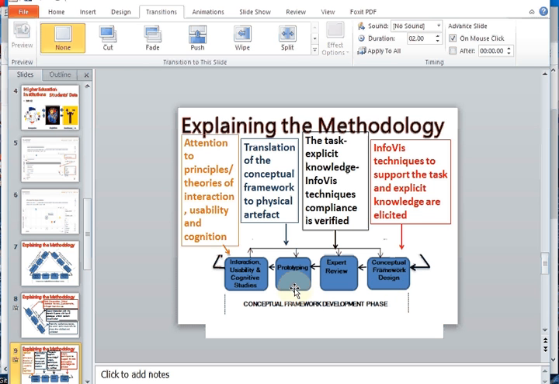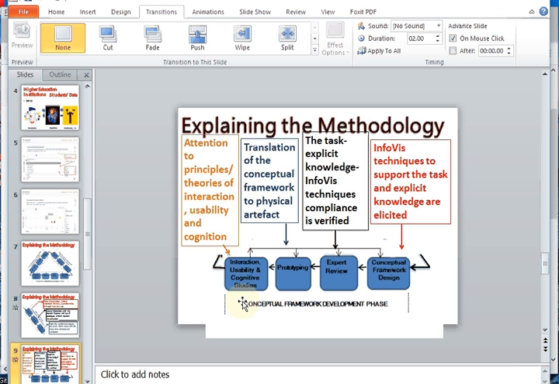will be prototyping, which is now translating the conceptual framework to a physical artifact, to a tool that users can interact with, a software. So when the software is done, for the researcher's angle, there must be due studies of the interaction, usability, and cognitive. Basically, this suggests a compliance with theoretical supports, interaction principles, usability principles, and cognitive laws.